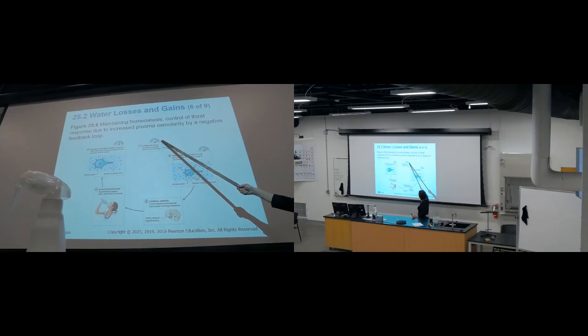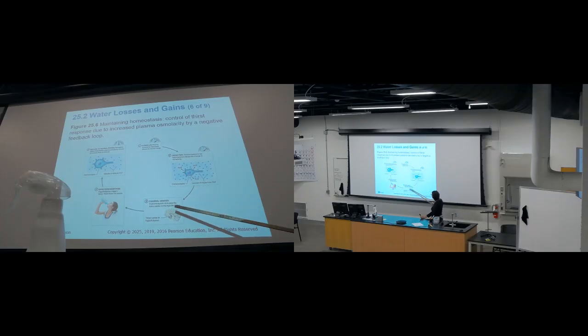That increases the osmolarity in your blood, so it goes a little bit above 270 milliosmoles per kilogram. And then this plasma, which is high in concentration of solutes, as you can see here, reaches the osmoreceptors that are found here in the hypothalamus.